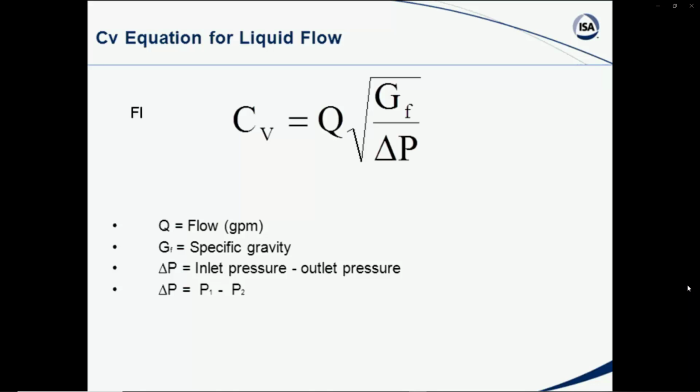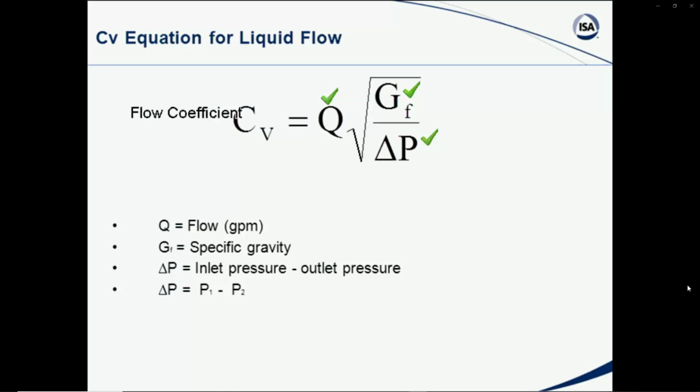It's how the valve itself is rated with respect to the operation of the valve. So C sub V is the flow coefficient, and you can see from this particular calculation, which we're not going to derive as far as the theory is concerned, the flow rate Q may be gallons per minute times the square root of the specific gravity divided by the differential pressure, which is the pressure drop across the valve.